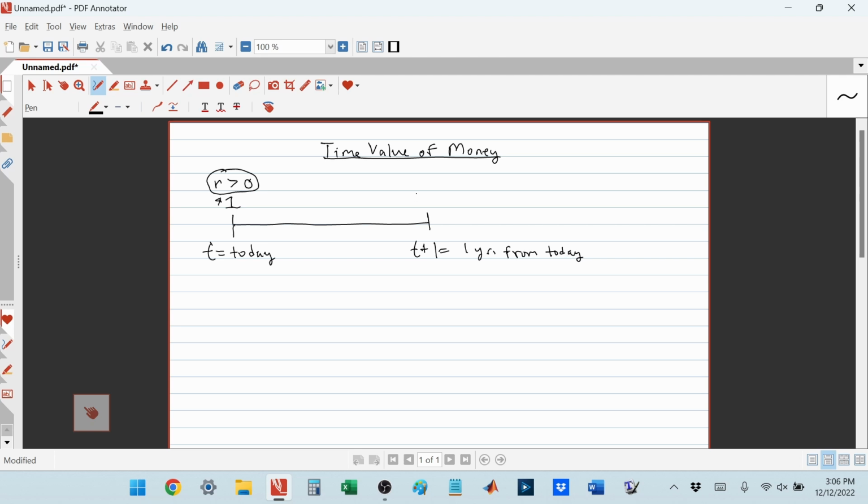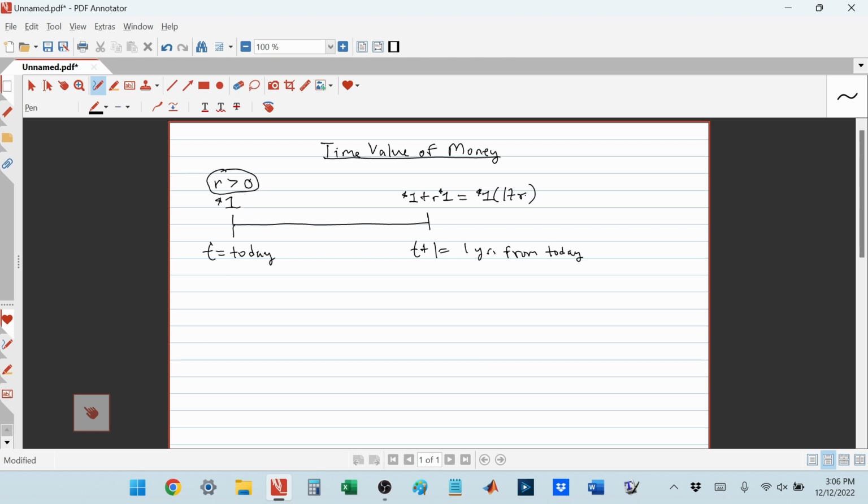your $1 would be equal to your original $1 plus the interest you've earned on that $1, which is just the same thing as saying your $1 would be worth this much.